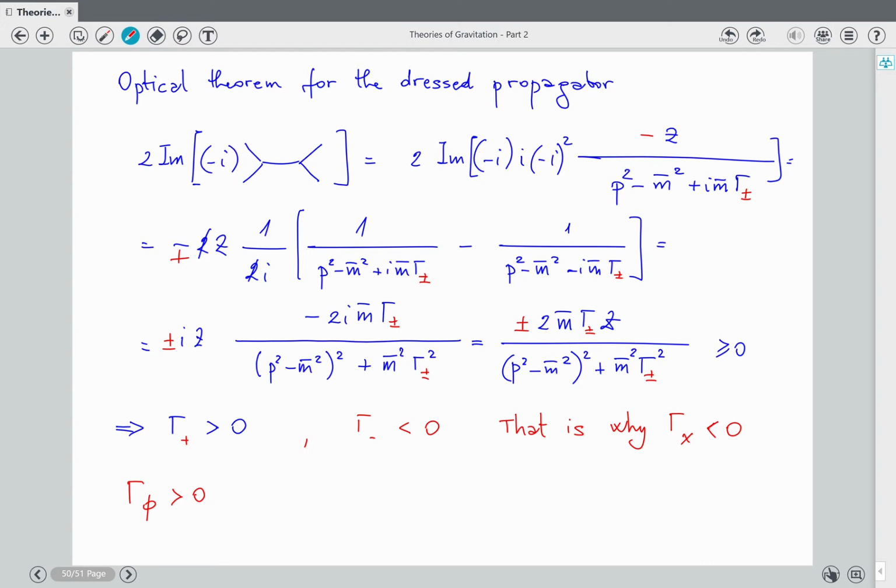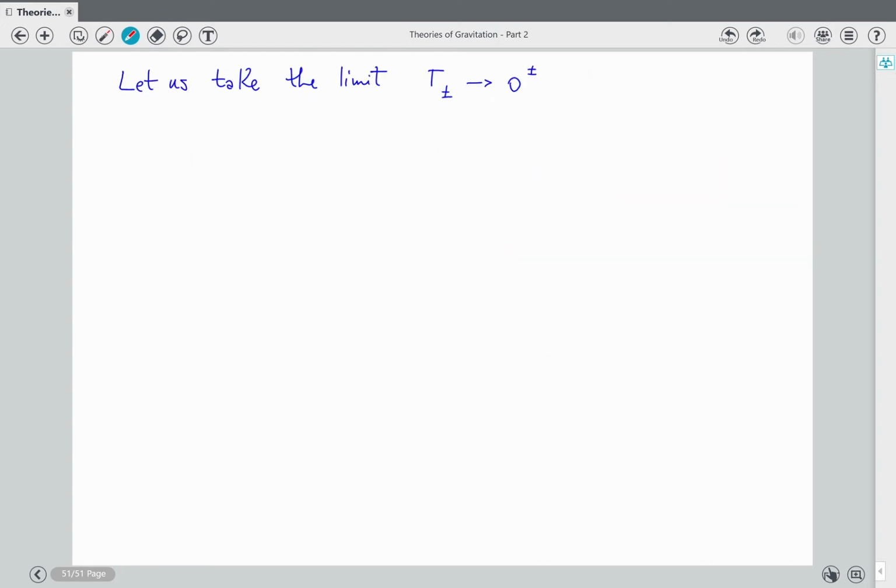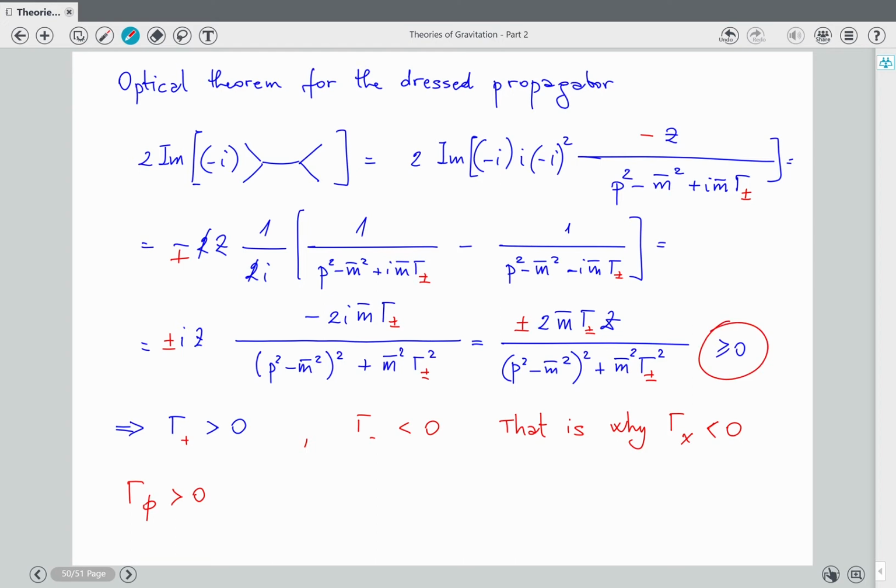Yeah, 2 should be there. We get 2z delta of p squared minus m bar squared. Positive, correctly, because it has always to be positive, so there is no chance.